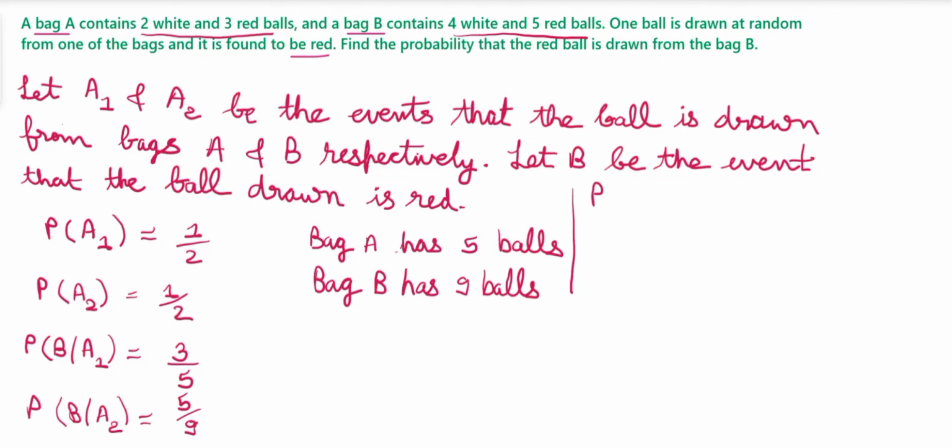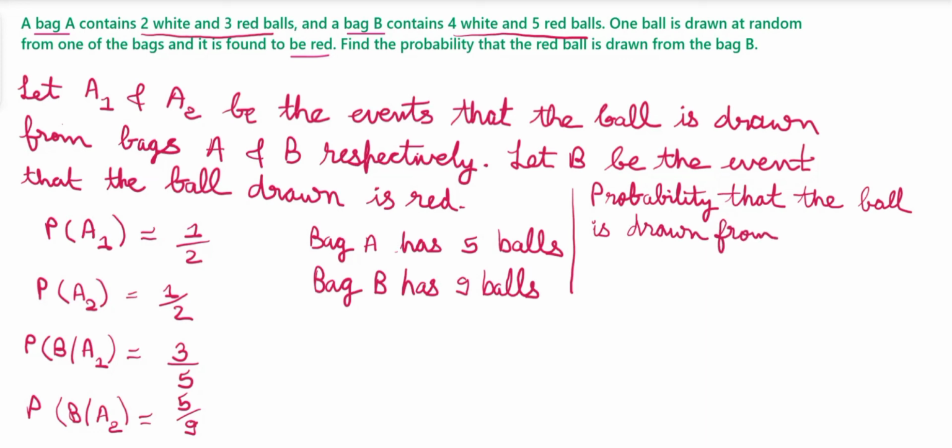Then in the question we are asked to find the probability that the red ball is drawn from the bag B. We'll find the probability that the ball is drawn from the bag B. Here the condition is it should be of red color only, given that it is red.